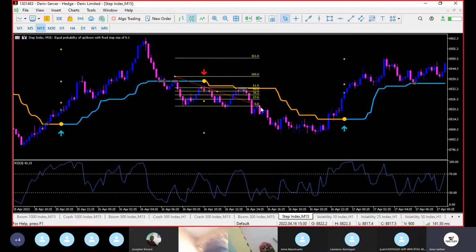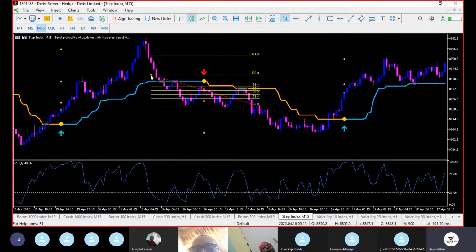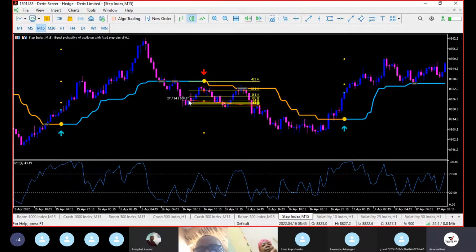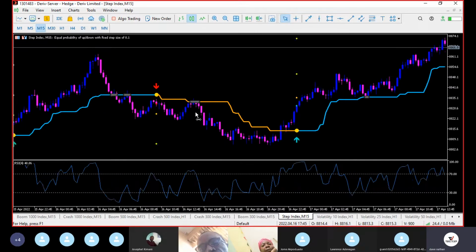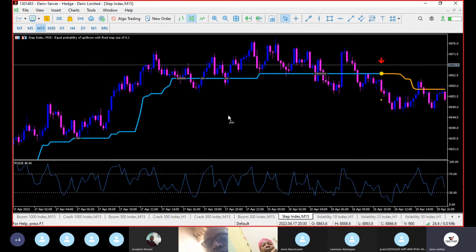All right. So drawing from this resistance to this next support, you can see price reacting from the 61.8. I'm not really a big fan of Fibonacci, but the Fibonacci helps you spot where the retracement in an uptrend or a downtrend is going to continue from.